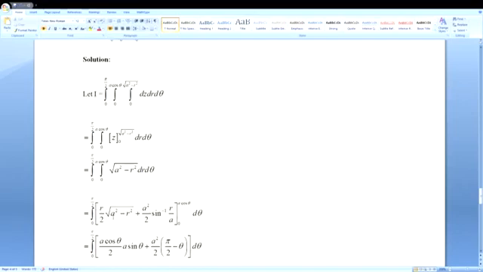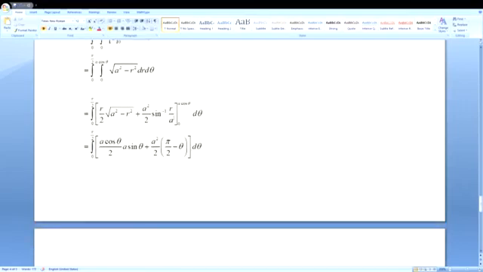That is a square minus a square cos square theta, which is a square into sine square theta, so root of it is a sine theta. And sine inverse of a cos theta by a is sine inverse of cos theta. Then the lower limit is sine inverse of 0, that is 0.